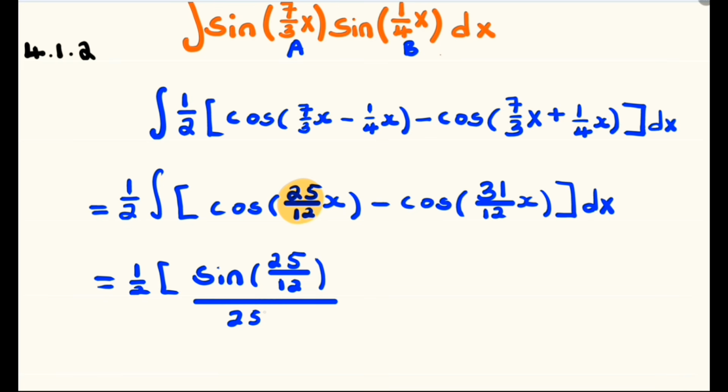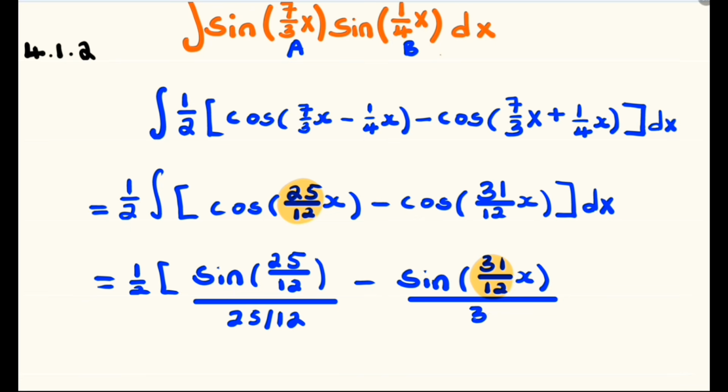So we divide by the 25 divided by 12, minus the integral of the cos is sine of the inner function, the 31 divided by 12x. And if we were differentiating, we were going to multiply by the 31 divided by 12, but we are integrating, so we divide by the 31 divided by 12.